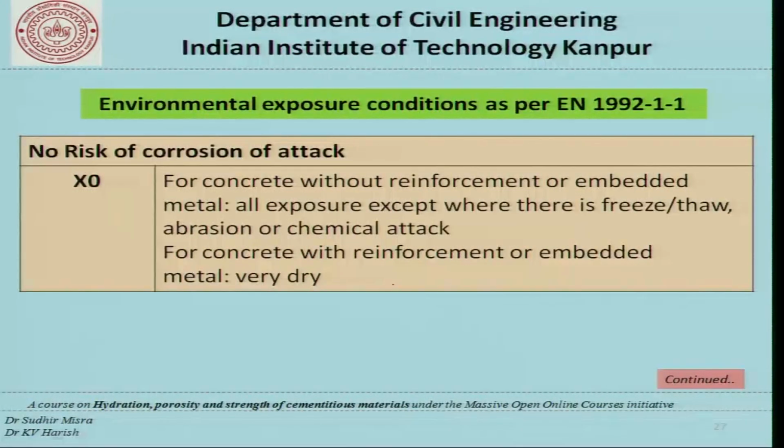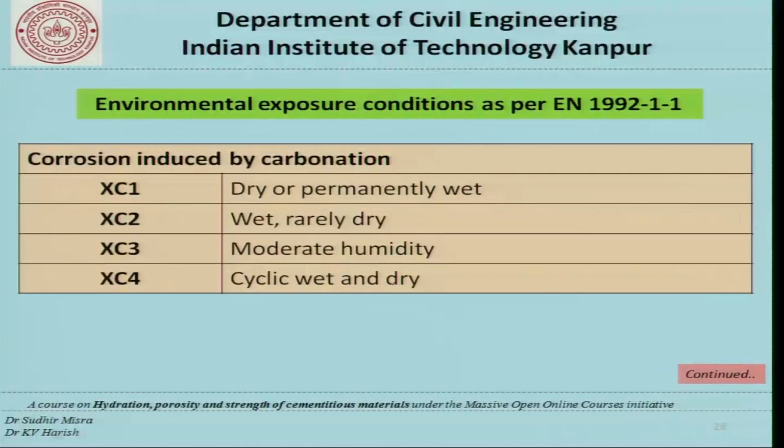Moving on to the EN 1992 classifications, I will not read out all this slide, but there is the description for X0, XC1, XC2, XC3 and XC4, where XC is the corrosion induced by carbonation. So, we can see that as XC1, XC2, XC3, XC4 goes like this, we are really talking in terms of how the wetness of the surface changes from permanently wet to rarely dry and so on.